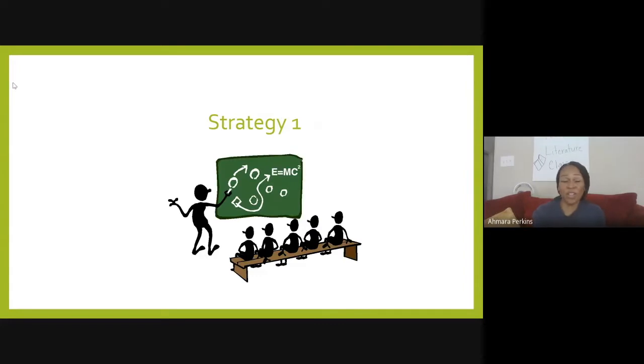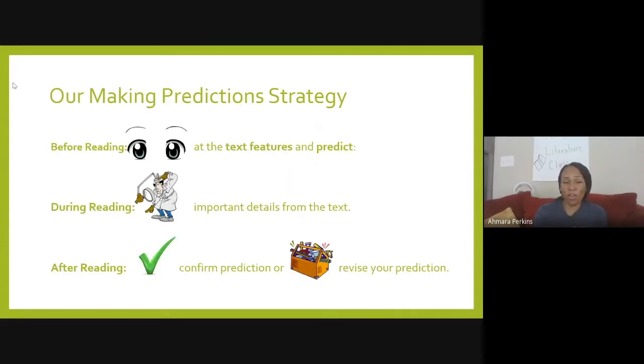All right, so the first strategy we looked at was before reading, during reading, and after reading. Before we read, we look at the text features, right? We start activating our minds, and we're thinking about, what could this text be about? What is the genre of the text? And what's the author's purpose? We can start thinking about all those things when we see text features.